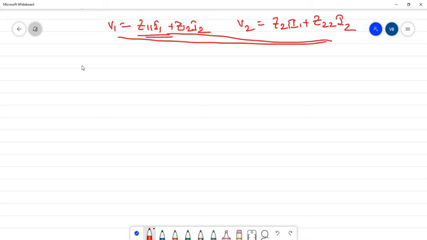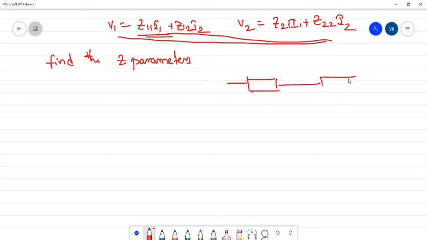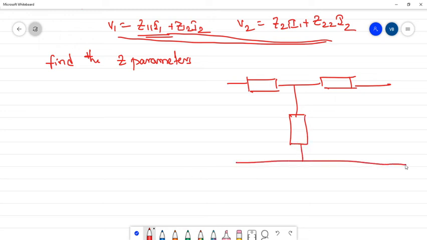So we'll take one example. Find the Z parameters for the given circuit. So this is a network, this is a circuit. For this circuit, we need to calculate the Z parameters. Here the ports are A bar, and here the voltage mentioned is V1.